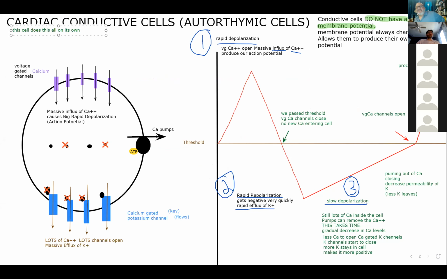As I mentioned, if I take this conductive cell and put it in a petri dish and leave it alone, it will cycle like this, producing action potentials at a rate of about 100 per minute.